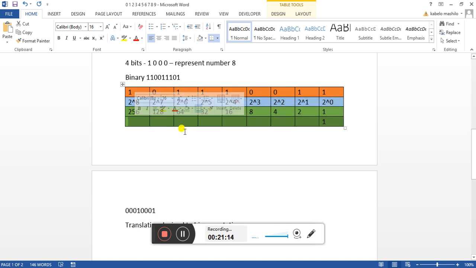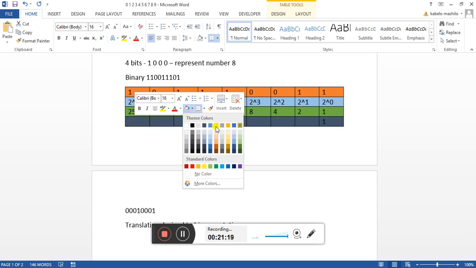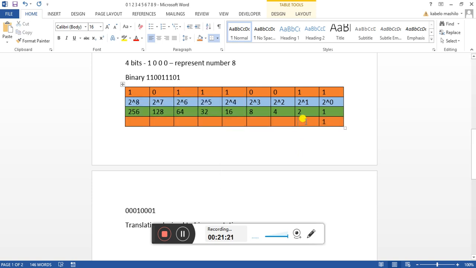Let's change the color. Yes, it's going to be 1 0 0 0 1 0 0 0 1 0 0 0 1 1 0 0 0.